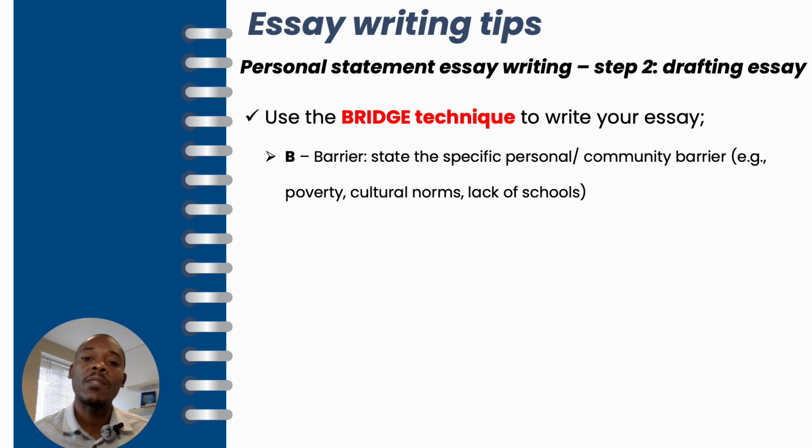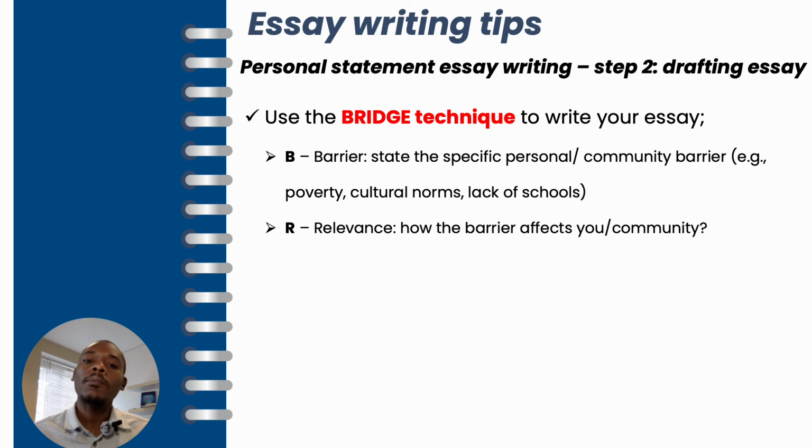State specifically what personal barrier or community barrier was faced by you. Is it poverty? Is it the cultural norm? Is it lack of school? So specify the actual barrier that you faced or the barrier that is facing your community. And then show how relevant that barrier is to your community or to yourself.